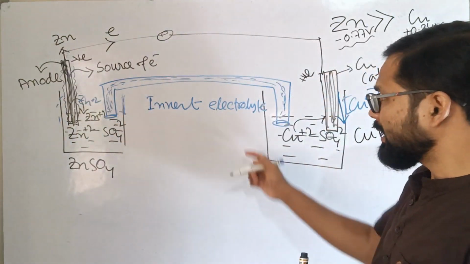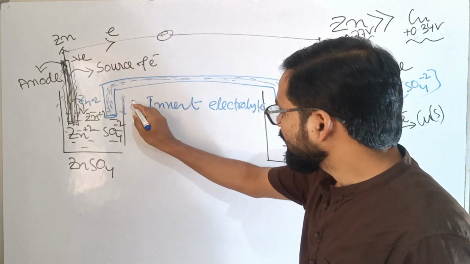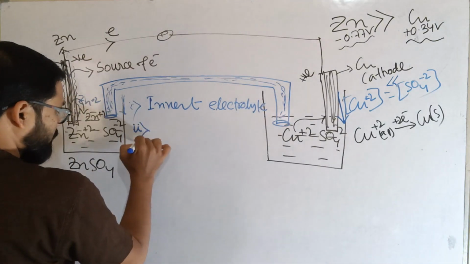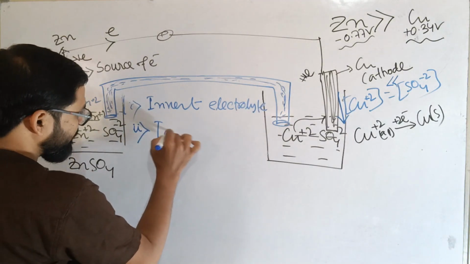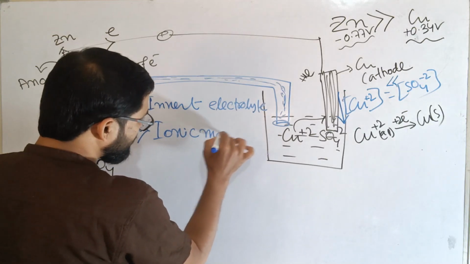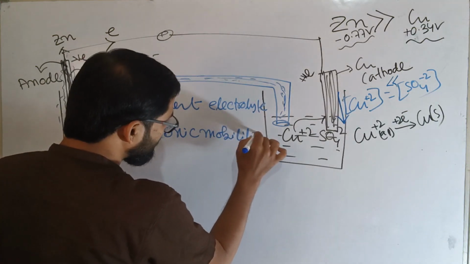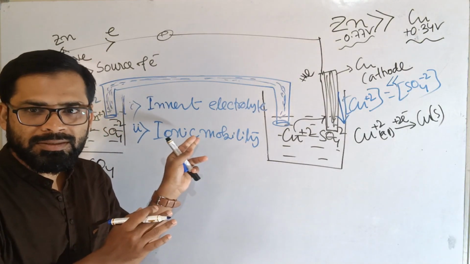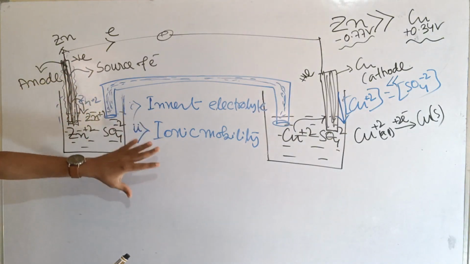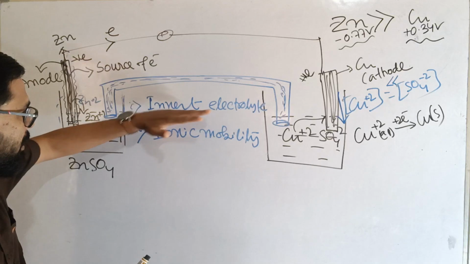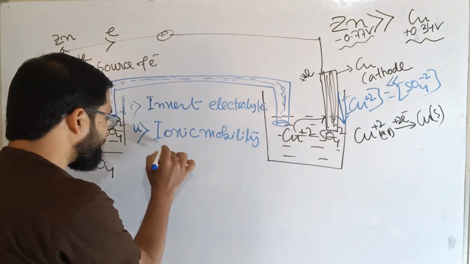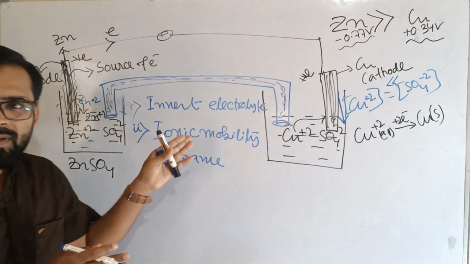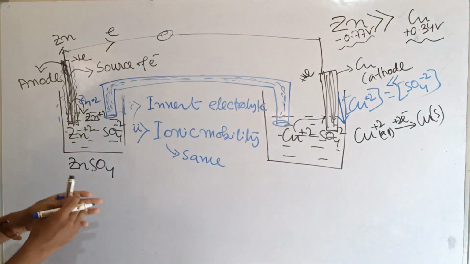One thing, when we choose the electrolyte, one should be inert, and another thing is that the ionic mobility should be the same for the cation part and anion part, positive part and negative part. Our target is that it should be neutral.